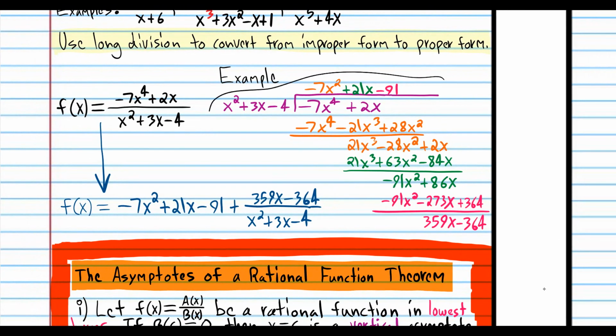And of course, you know how to use long division in order to convert. We take the numerator and we divide it by the denominator, and we get this expression down here, which helps us to graph.